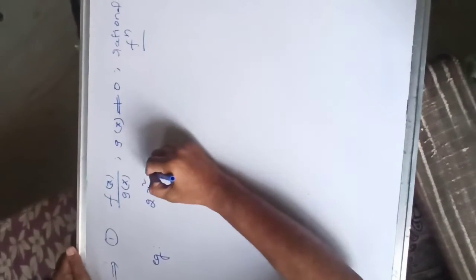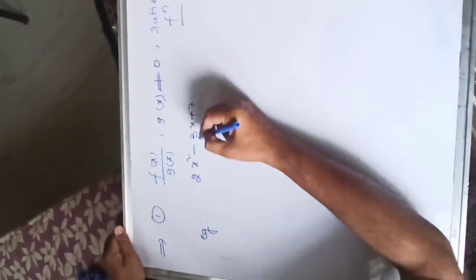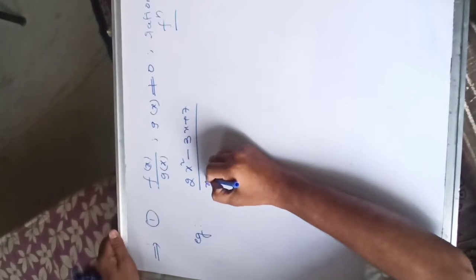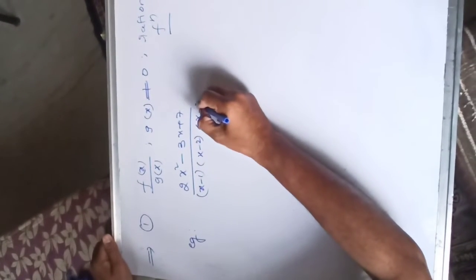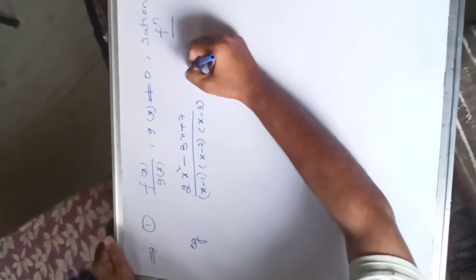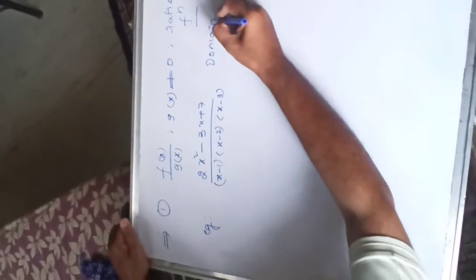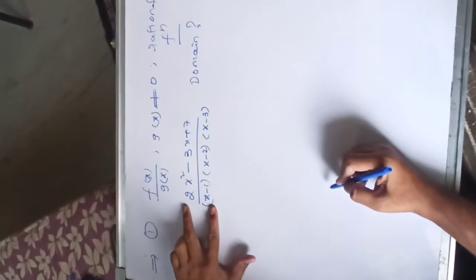2x squared minus 3x plus 7, divided by x minus 1 into x minus 2 into x minus 3. What is the domain of it? This is a rational function.